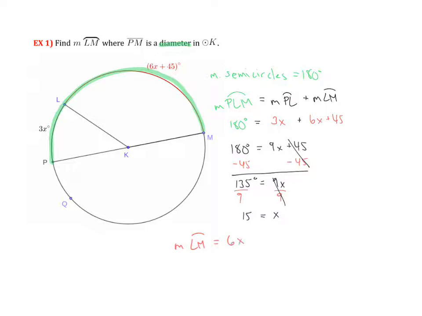So the measure of arc LM is 6x plus 45. If I substitute this in, I get 6 times 15 plus 45. And if you put this all into a calculator, we find that the measure of arc LM is equal to 135 degrees. And that is the entire problem solved all the way through.